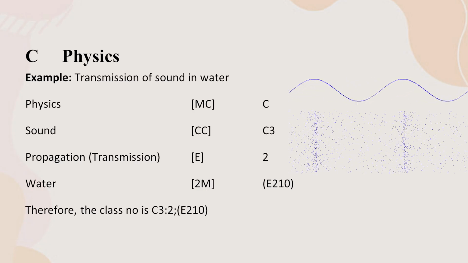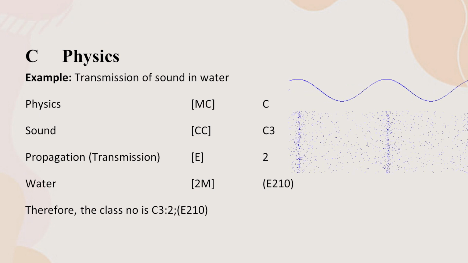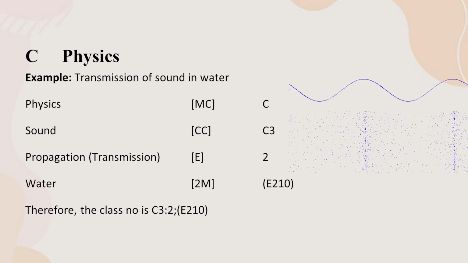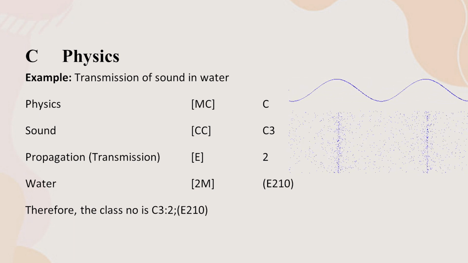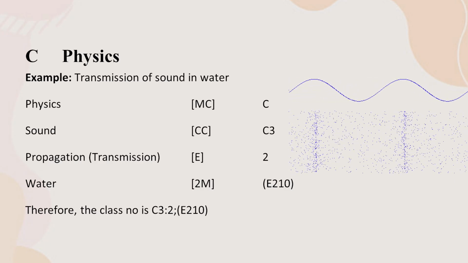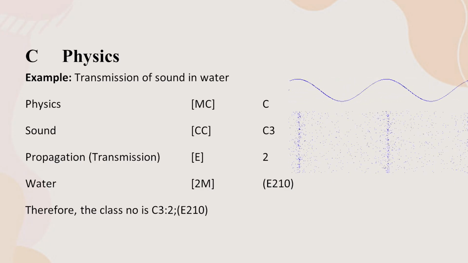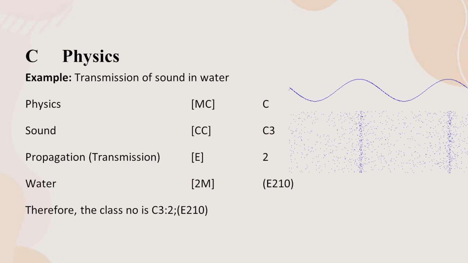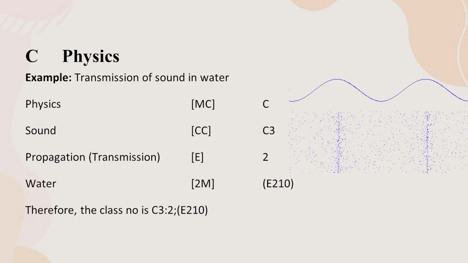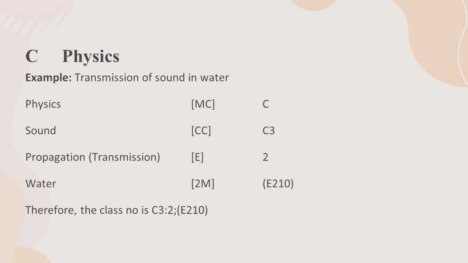So the class number will be C3:2 and then semicolon within parenthesis capital E 210, that is the notation for water from the main class E chemistry.